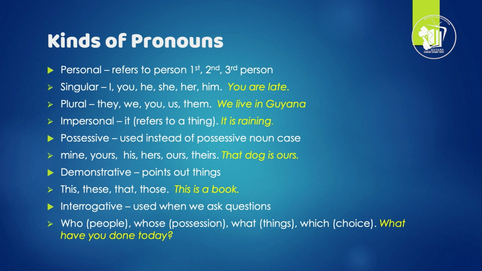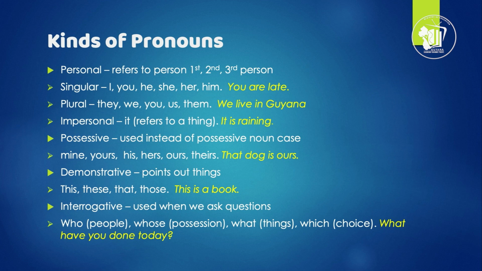Another kind that we have is the demonstrative, and it points to things. And examples of these are this, these, that, those. Example in a sentence, this is a book.